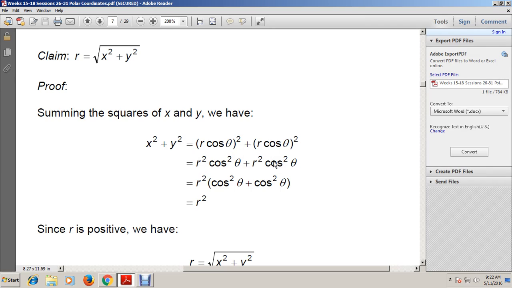Factoring out the common factor r squared, this becomes r squared times cosine squared theta plus sine squared theta.